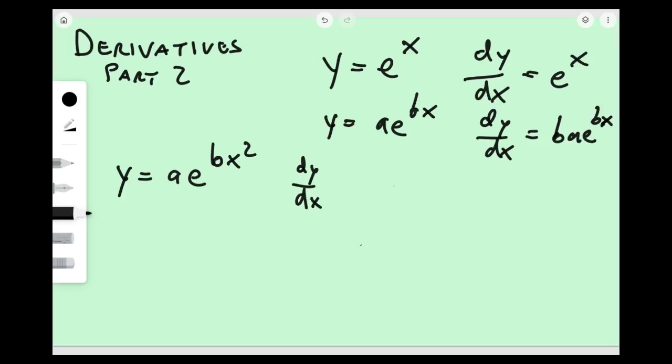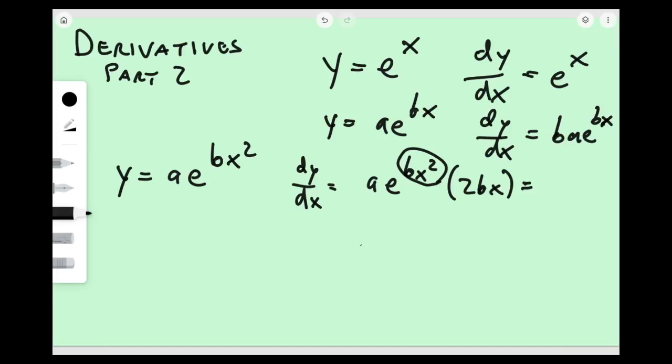So dy dx here, it's really a e to the bx squared, but then times the derivative of what's up here too, which is, from the last slide, something like 2bx.